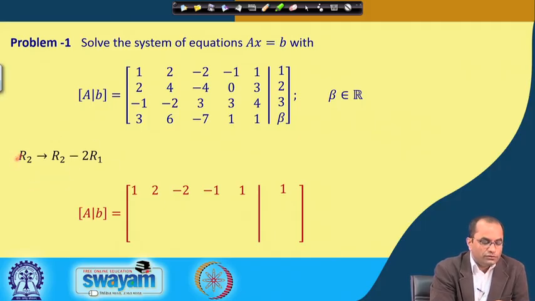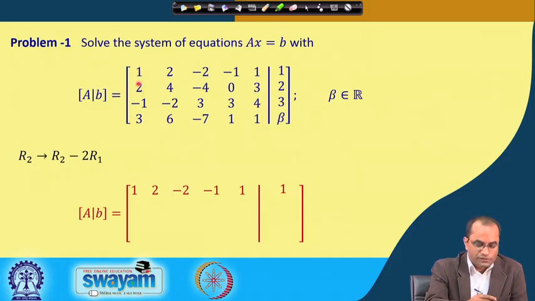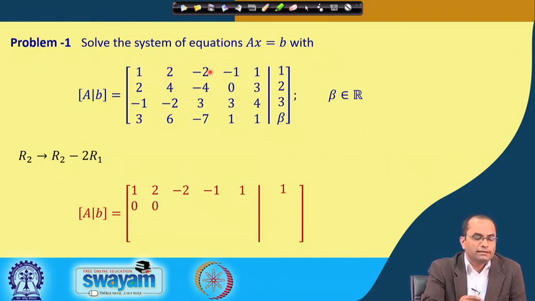So, the first elementary operation here is that R2 we are taking as R2 minus 2 R1. So, R2 minus 2 times R1. So, this will become 0, and this 4 minus 2 times this, again 0, here minus 4, and then this will be plus 4. So, again this will become 0.